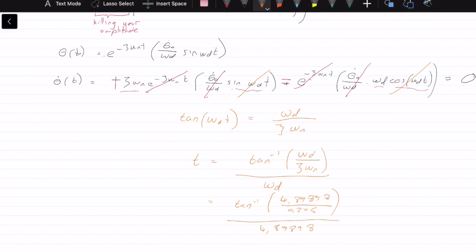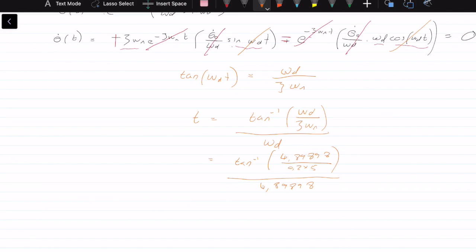Okay, let's put that into our calculator, and what we get is a value of t equal to 0.27954 seconds. Okay, so now we know the time.